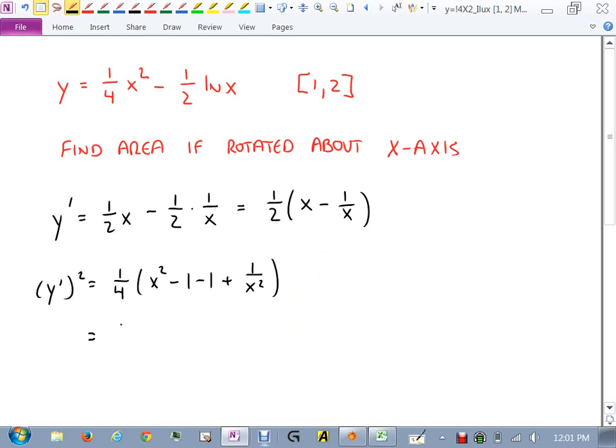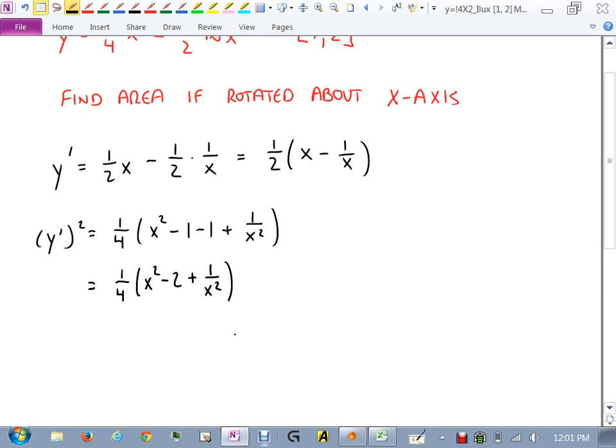So end of the day, we have 1/4 times x squared minus 2 plus 1/x squared. Now what? You want to add 1? We could distribute the 1/4. I really am tempted to distribute the 1/4 because I know that I'm going to need to add 1 to this in a second.